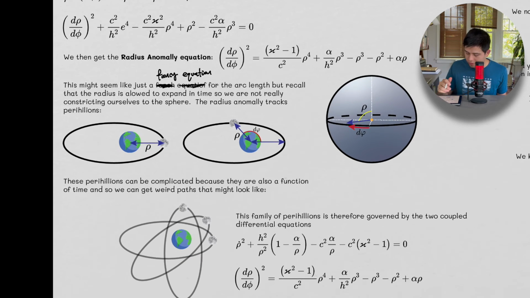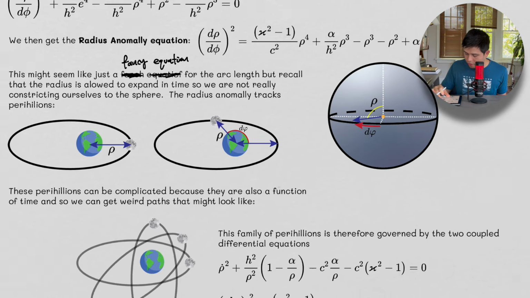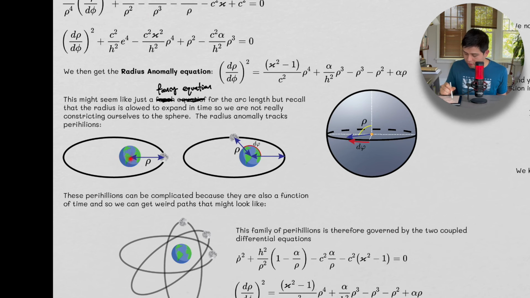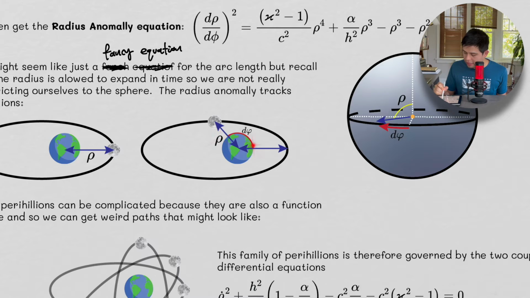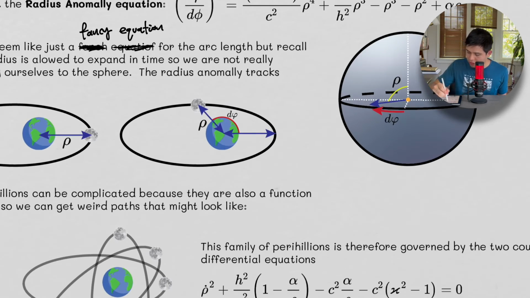I don't know if I'm pronouncing that right, but a perihelion is an elliptical path or an ellipse in which, say for example, the moon rotating around the Earth, the radius here is the distance from the center of each, and the angle is the angle subtended in this way, right? So we can get the change in the radius here compared to here as a function of how much the angle has turned.